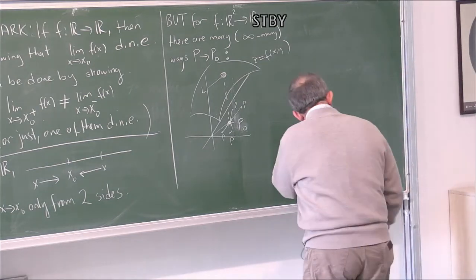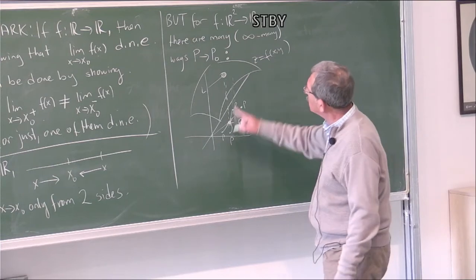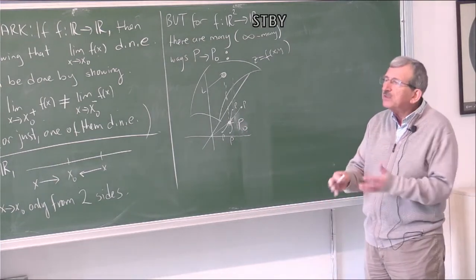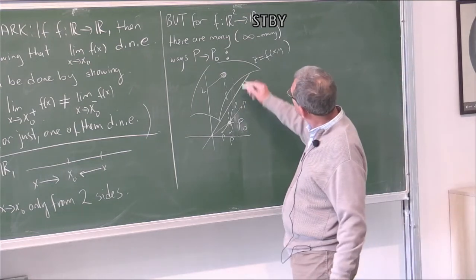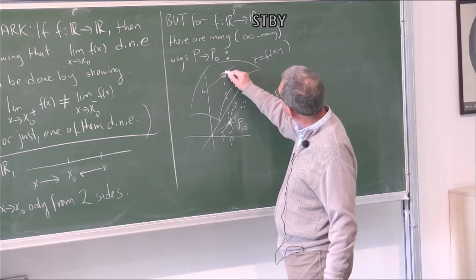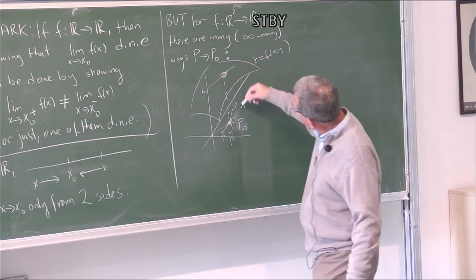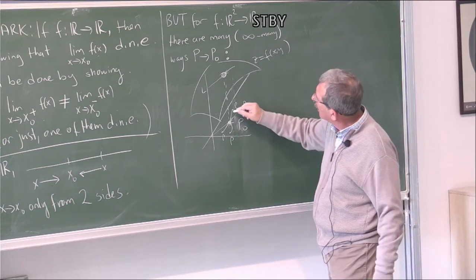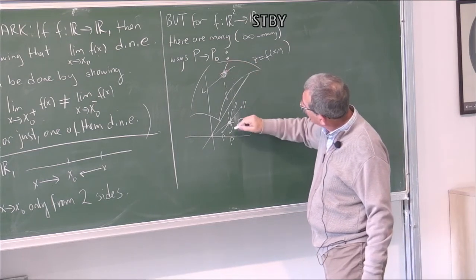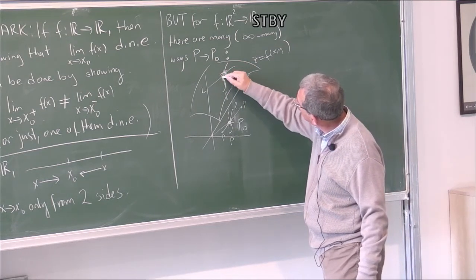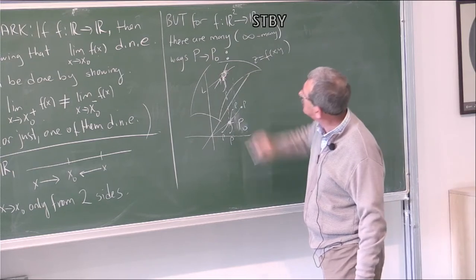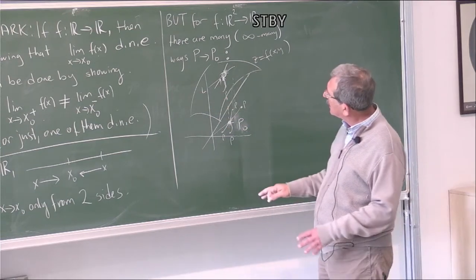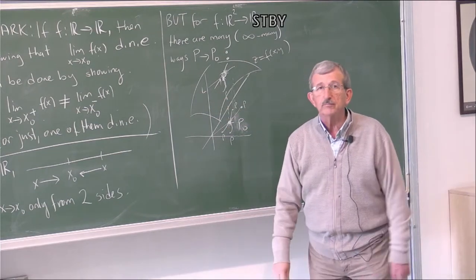So, there are many ways P can approach P0. At the top, it means that P approaches like this, because at the top, the straight line is not a straight line anymore, so it's a curve. This can approach this way, or this one can approach this way, and there are lots of ways. So the level L should be the same for all approaches.